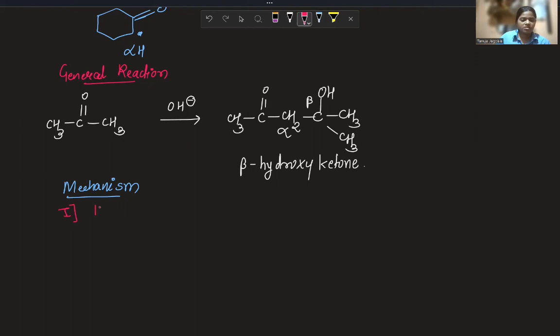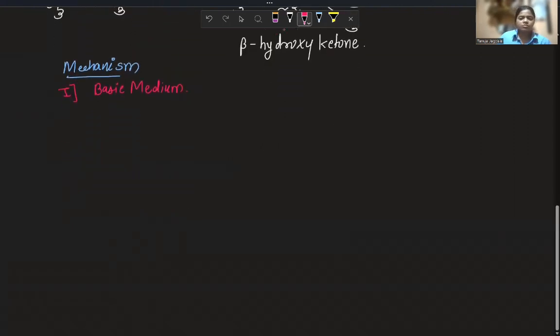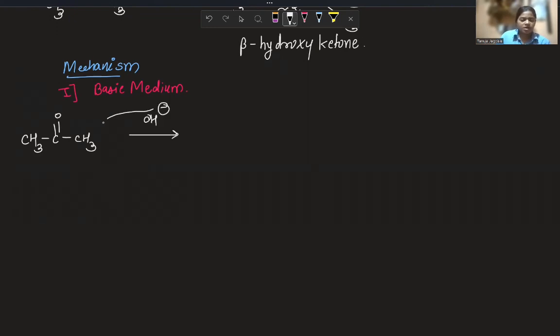Let us take acetone. In the presence of dilute base, it abstracts a proton from the alpha carbon to form enolate ion.